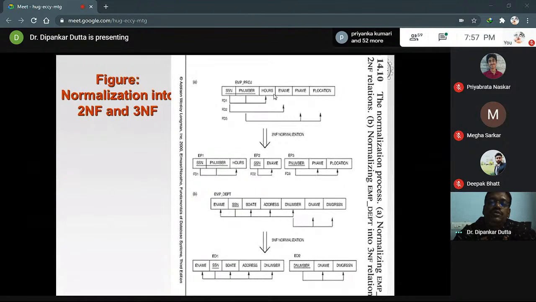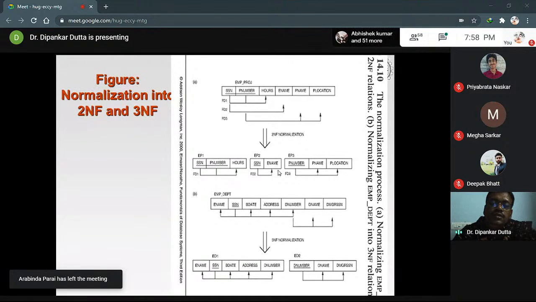So we have to divide this table to make it in second normal form. We form one table where hours is fully functionally dependent on the primary key.